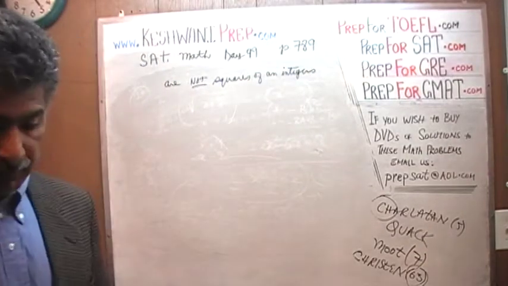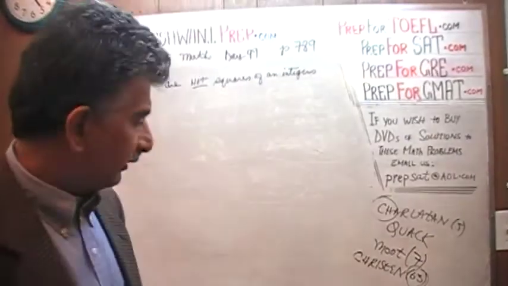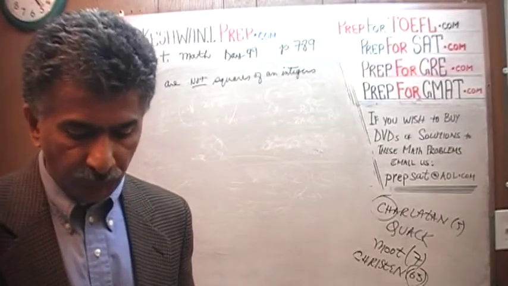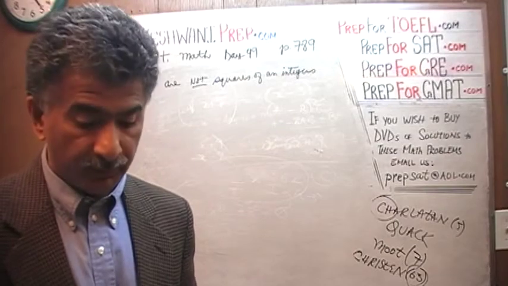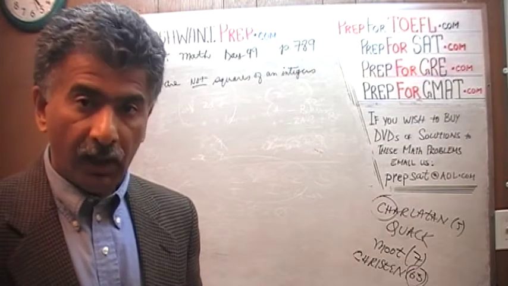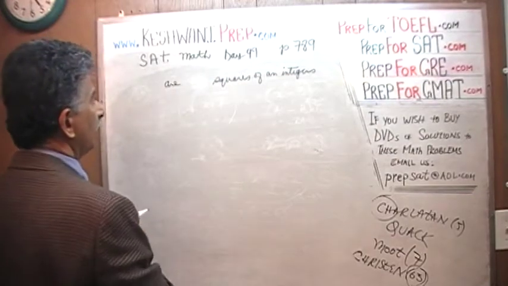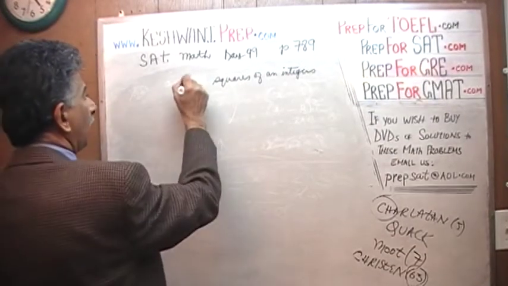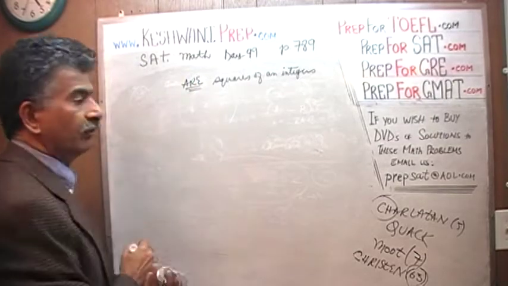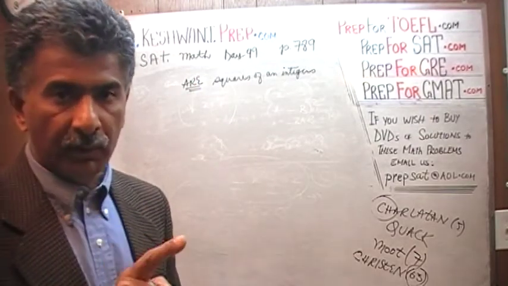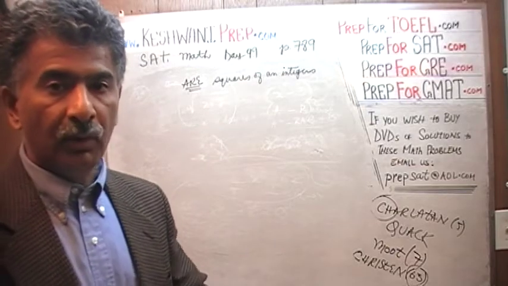But before we worry about that part, why don't we ask ourselves this question: how many integers in the set of all integers from 1 to 100 inclusive are squares of an integer?